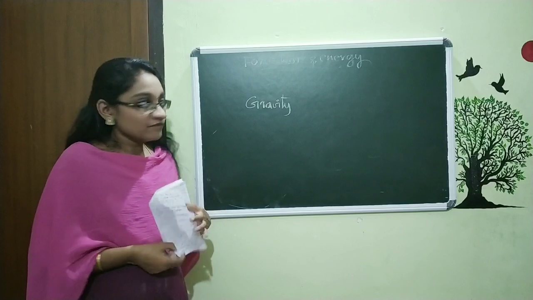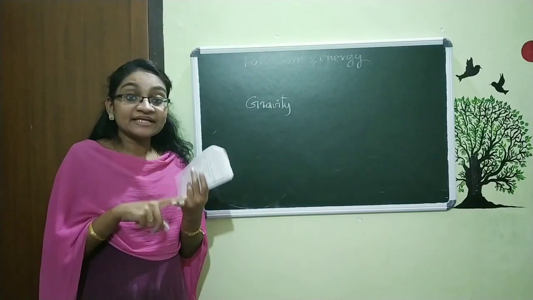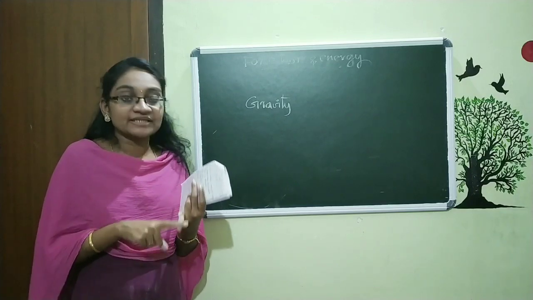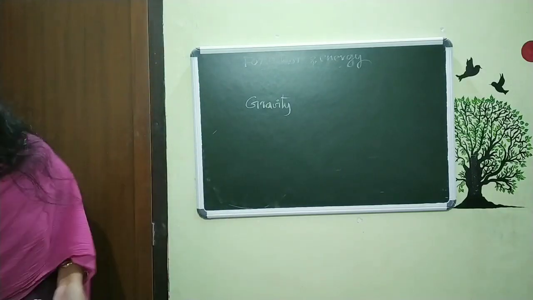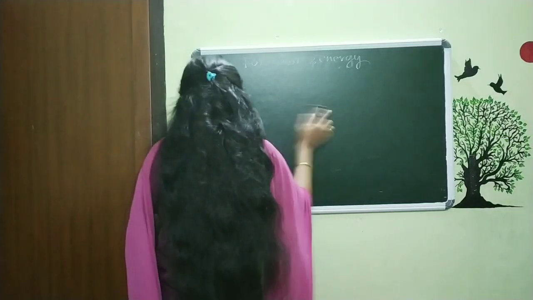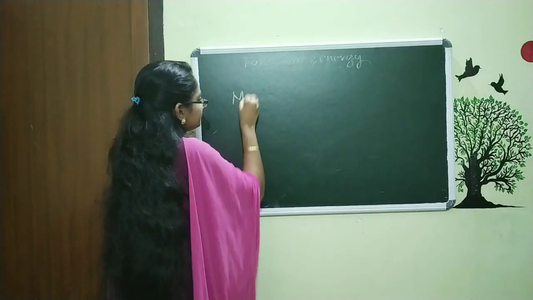Today we discussed different types of force. First we studied different names. First you study those names, and then we discussed in detail some forces. Which are they? First we discussed magnetic force.